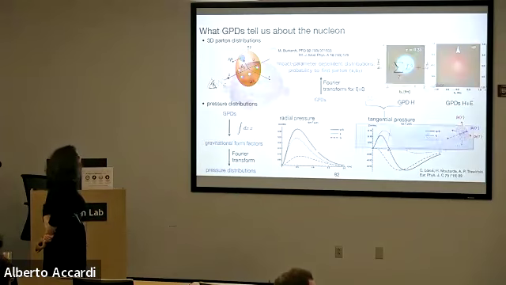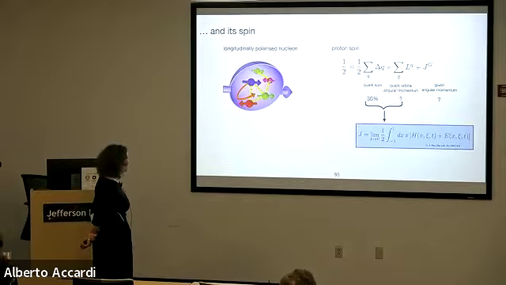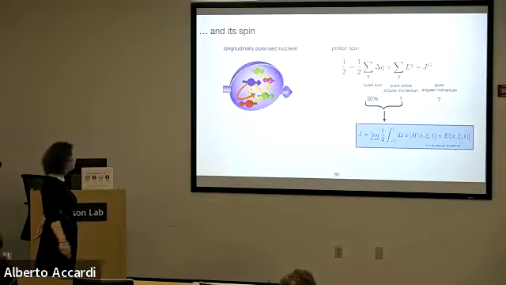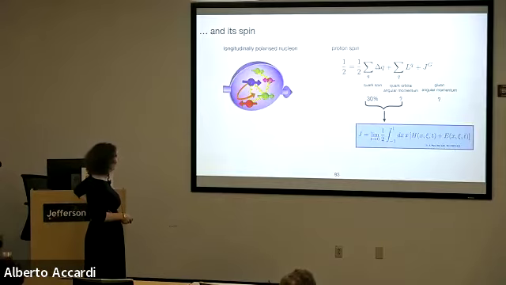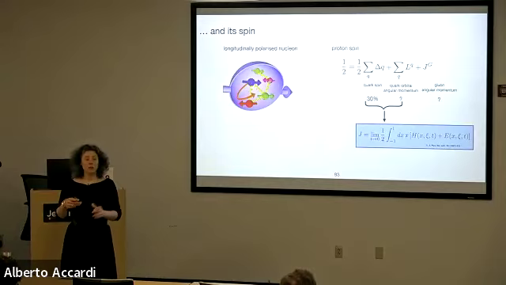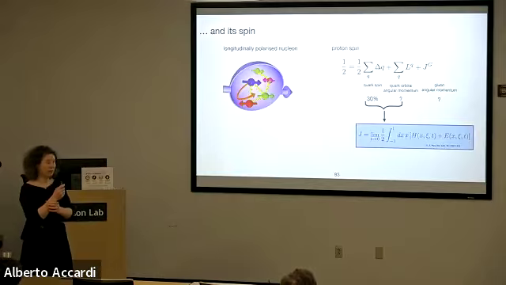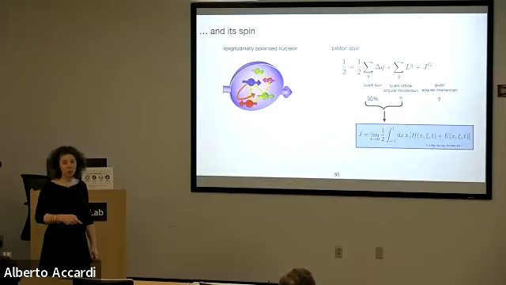Complicated, but really cool. And then finally, our GPDs are related to the spin of the proton. As we saw, we have the spins of the quarks, the spin of the gluons, and then we have the orbital angular momentum of quarks and gluons. Now, I decided not to discuss this because it's really long and complicated, but you have to know that there are different spin decompositions.